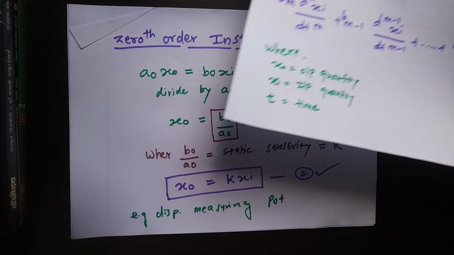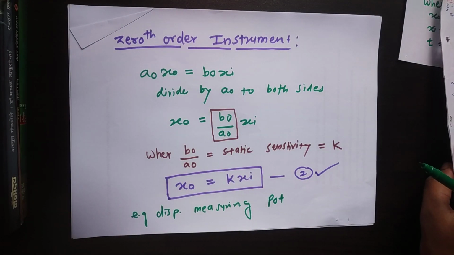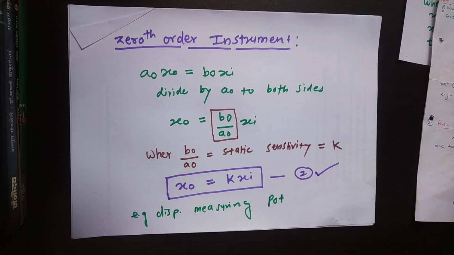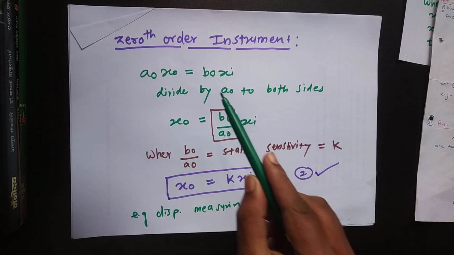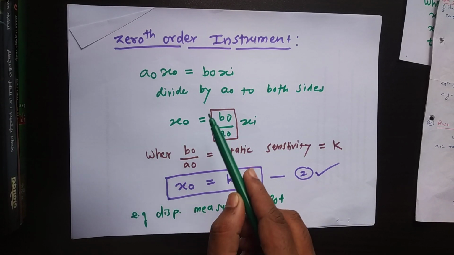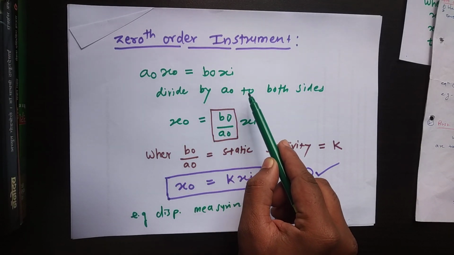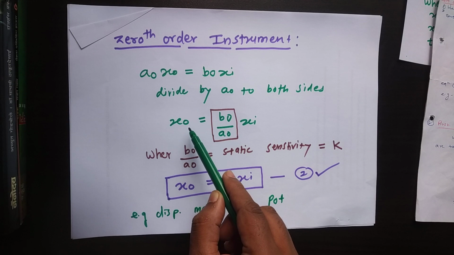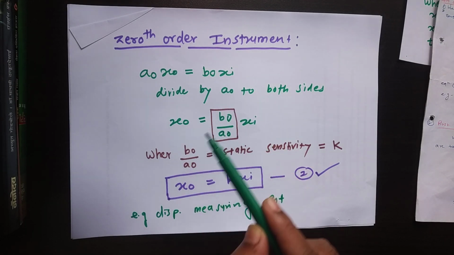And what have we considered? We have considered that when all a's and b's other than a0 and b0 are assumed to be constant, then equation 1 becomes a0 x0 is equal to b0 xi. If you divide by a0 on both sides, you will get x0 is equal to b0 upon a0 xi.